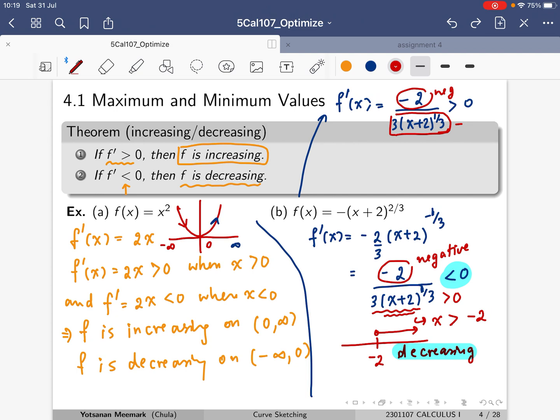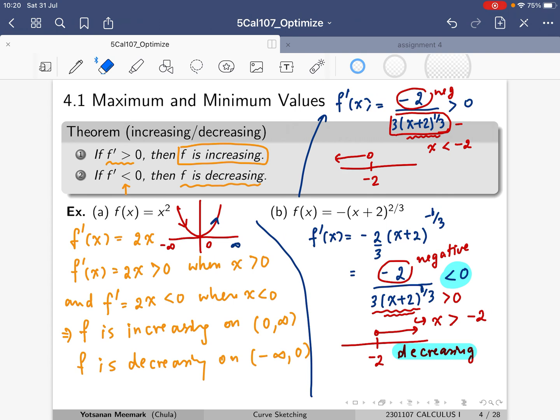So when will your bottom be negative? It depends on this (x + 2)^(1/3). If your x is less than -2, then (x + 2)^(1/3) will be negative. So from -2 downward, it will be the interval of increasing.